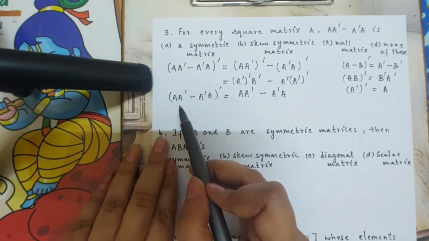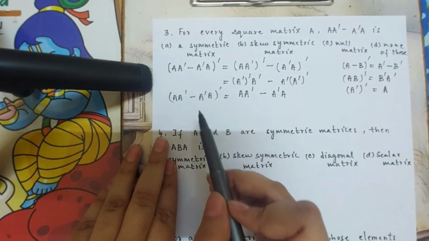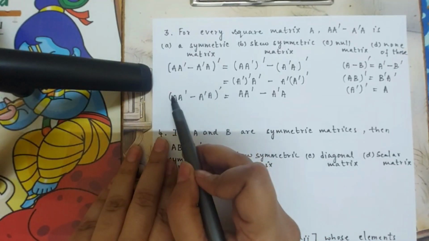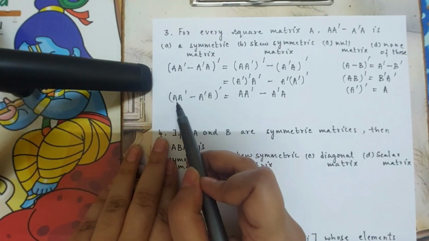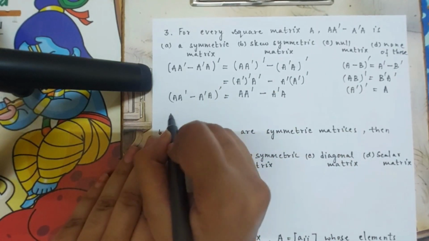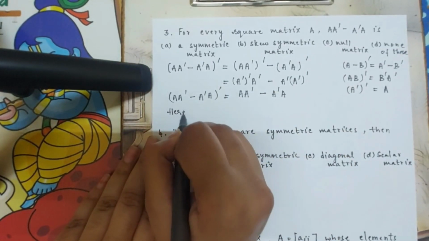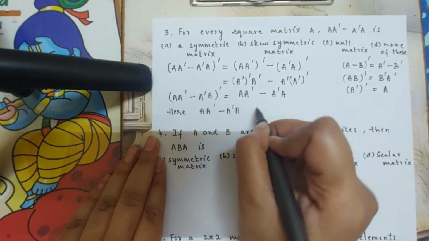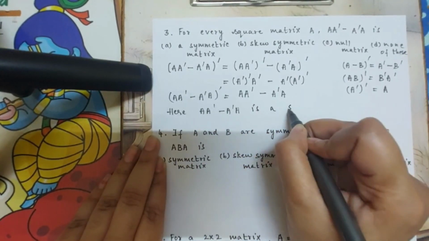Since we are able to get A dash is equal to A, that is A transpose is equal to A, this matrix will also be a symmetric matrix. So here A dash minus A dash A is a symmetric matrix.